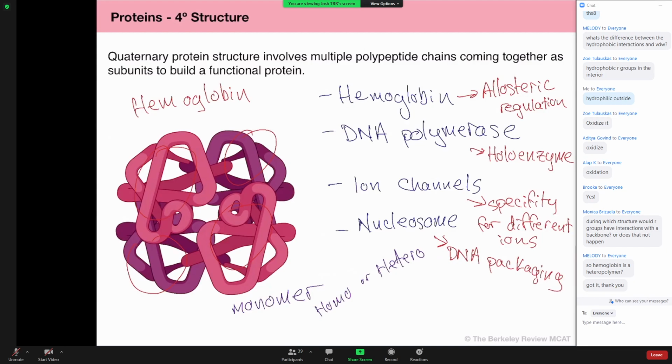Maybe it's going to talk about epigenetic modifications. Microtubules, yeah, that's another classic.